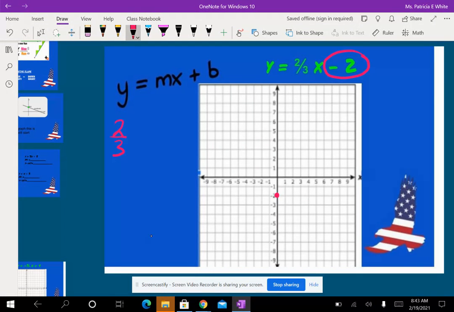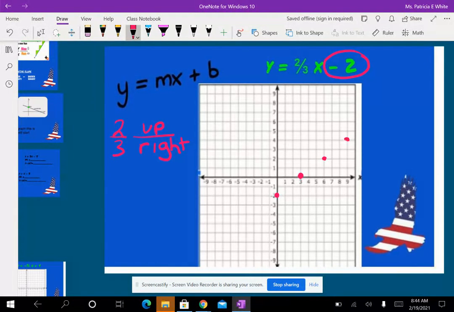That means my rise is 2, so I'm going to go up 2. My run is 3, so I'm going to go right 3. This is a positive slope, so I'm using my moves for a positive slope. Up 2, right 3. Again, up 2, right 3.